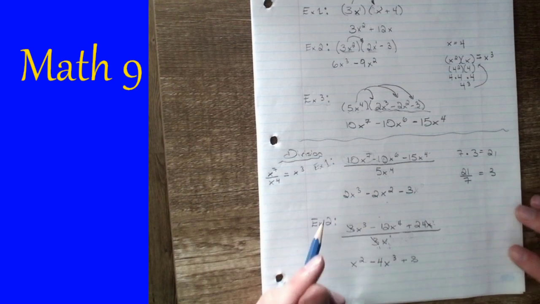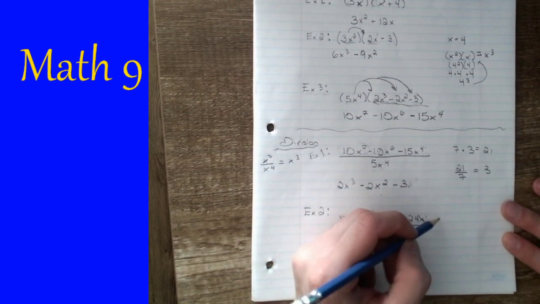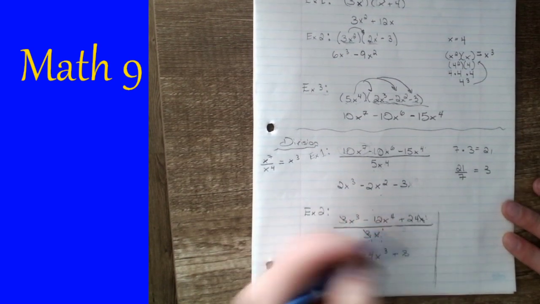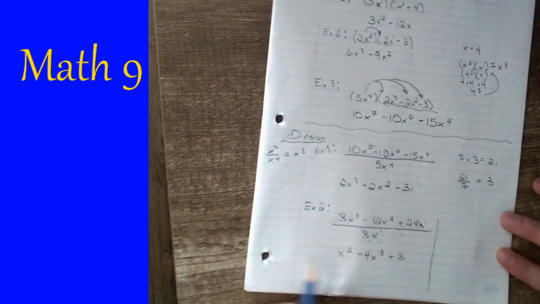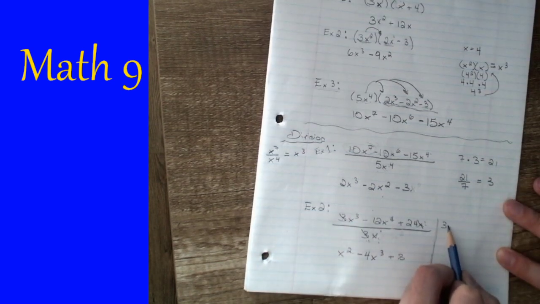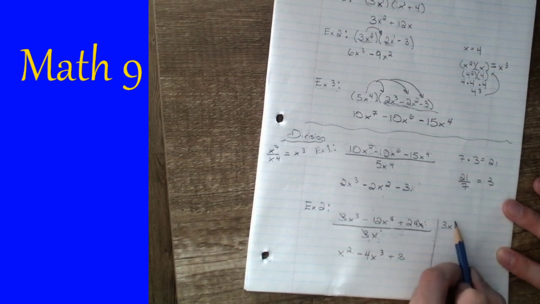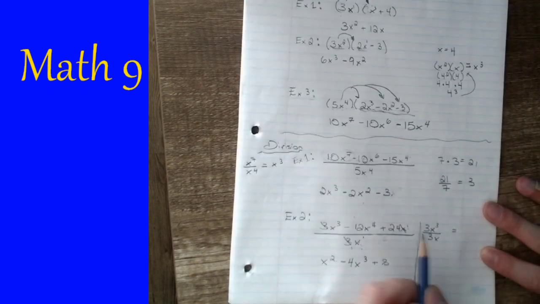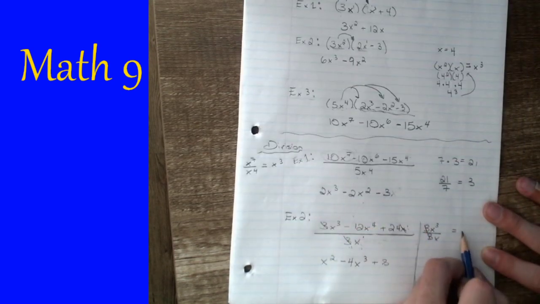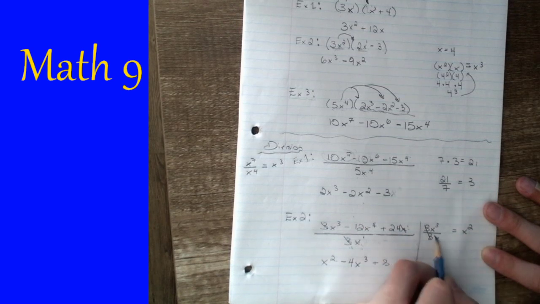Sometimes what I've seen students do, just to account for what they need to do, they know they got to divide everything, so they'll do 3x cubed divided by 3x, and then they'll say, okay, that's equal to x squared.